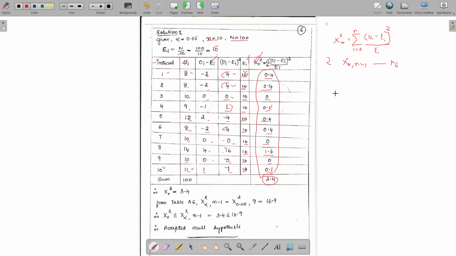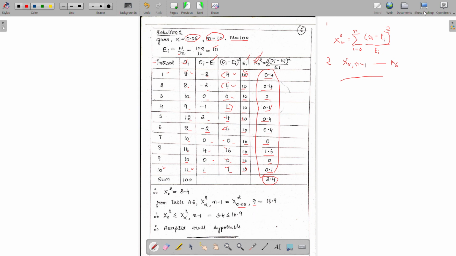Next step, obtain the critical value from table A6. Alpha is given as 0.05, comma, n is 10, number of intervals is 10, minus 1, 9. So x 0.05 comma 9 from table A6.